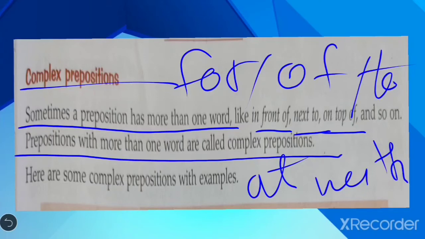But here we'll learn prepositions like in front of, next to, on top of. Earlier we had only of, only on, but here 3 words make one preposition, on top of. Now let's see some examples with the different prepositions.